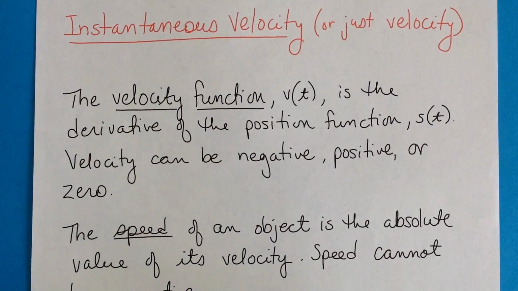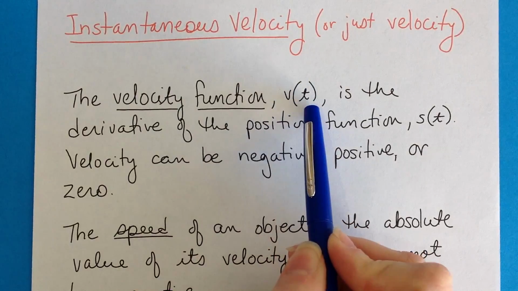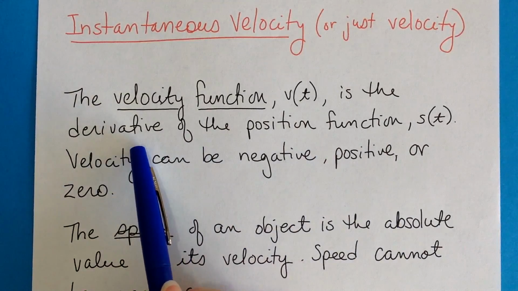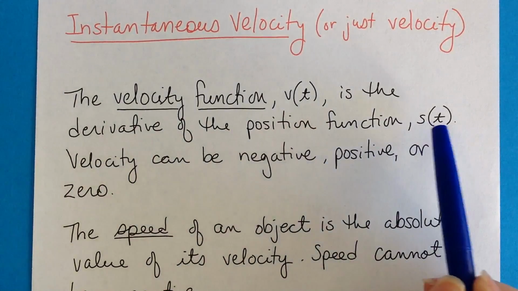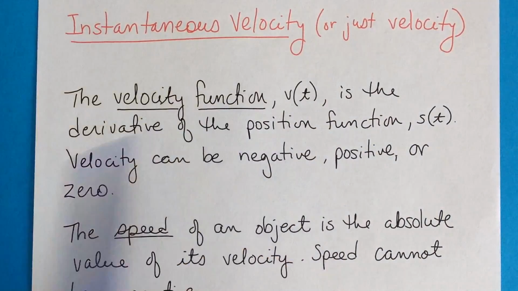All right, the velocity function is going to be denoted with v of t. So s of t is the position function, v of t is going to be the velocity function. So this is the derivative of your position function. So once you get s of t, you take the derivative of it, then you will have your velocity function.